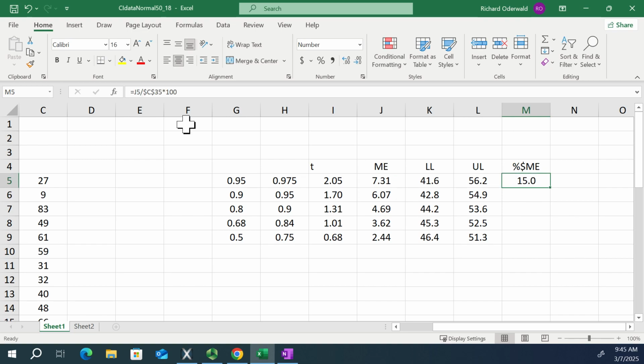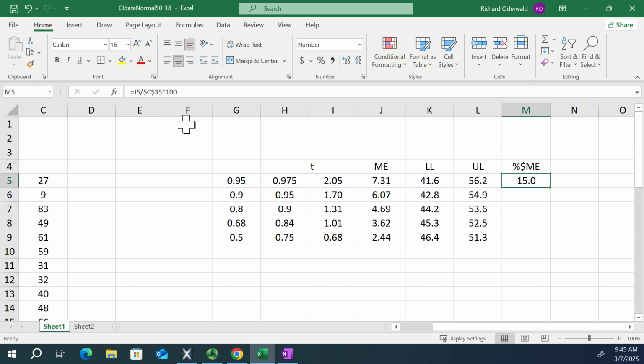So that this confidence interval isn't 41.6 to 56.2, it's plus and minus 15%. So if I have the average, I can figure out what 15% of that is, and it's going to be the margin of error.